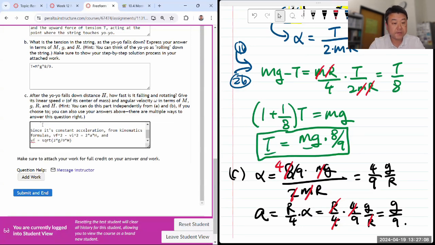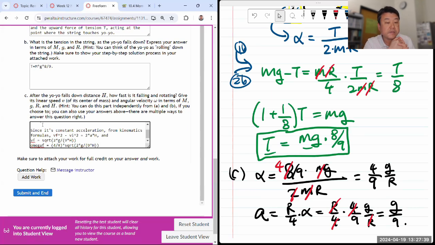That being the final speed, omega final will be this thing divided by r over 4. So it'll be, well, let me write it this way: 4 over r times the square root of 2 times g over 9 times h.